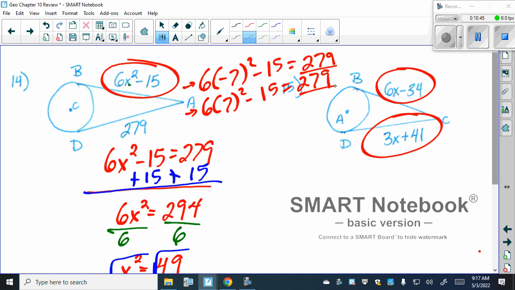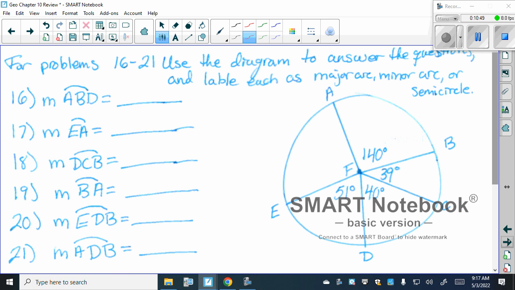Are we good with these here, setting them equal to each other and solving? Questions on 16 through 21? Any questions on how we solve these here?